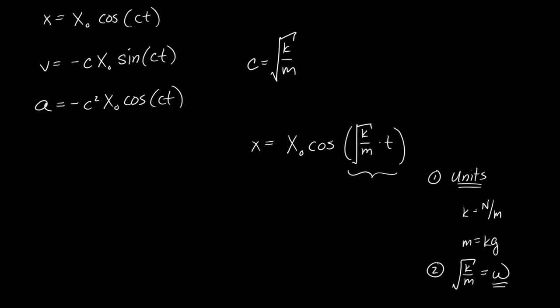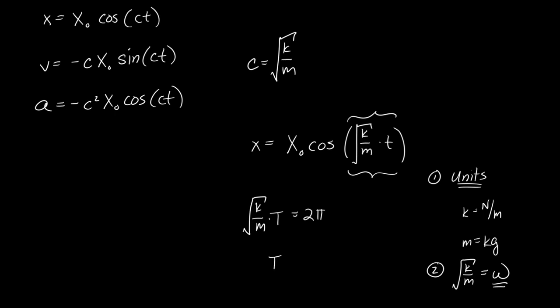Next, how long until this system repeats? What does that term have to be for the system to repeat? It has to be 2 pi. The time it takes for the system to repeat is called the period. So when the square root of k over m times t is equal to 2 pi, the system has repeated. We call this the period.